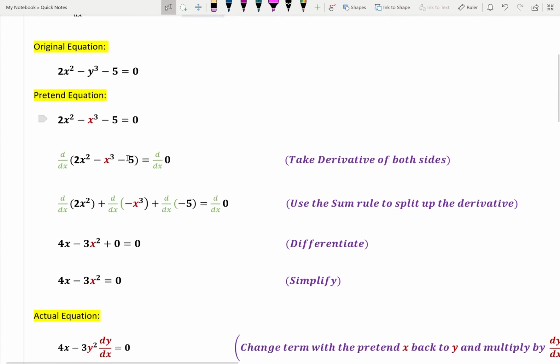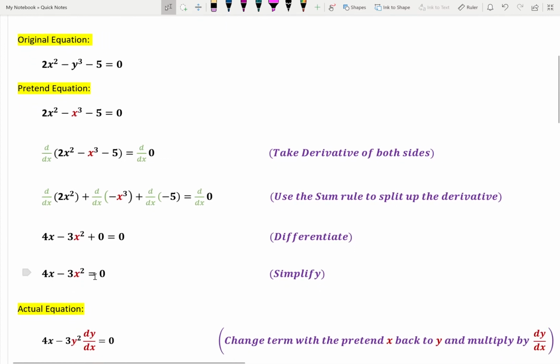So it's going to look like this. I change my x back to y, and because this term was differentiated but its variable was y, I multiply this whole term by dy dx. Anytime you change a variable from x back to y, you have to multiply it by dy dx.